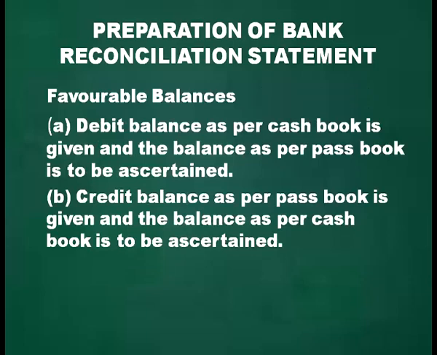Favorable balance means two situations: debit balance as per cash book is given and balance as per passbook is to be ascertained. Another situation, credit balance as per passbook is given and balance as per cash book is to be ascertained.